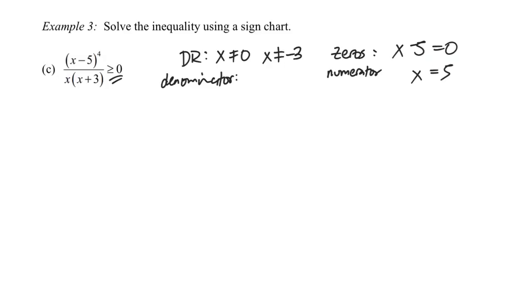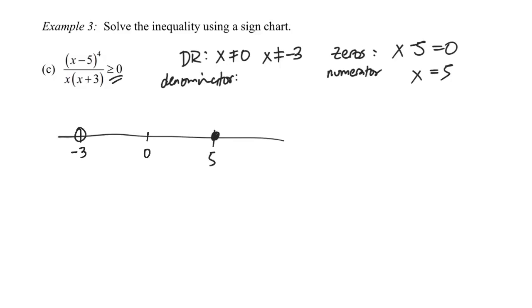And so when I go to draw my number line, I'm not only going to put the zeros on my number line, and we are going to be including the zeros in this particular example because of the inequality sign saying greater than or equal to 0 right there. But I'm also going to put the domain restrictions. Make sure you put them on the number line in order, negative 3 first, and then 0.